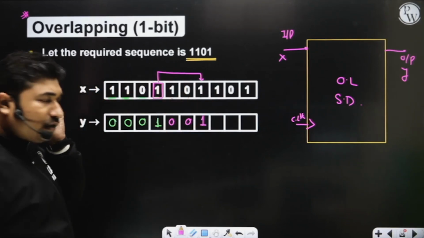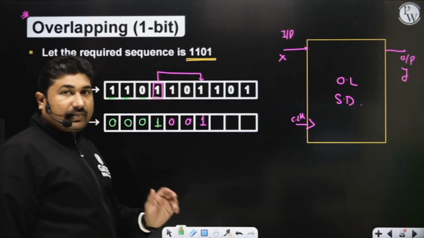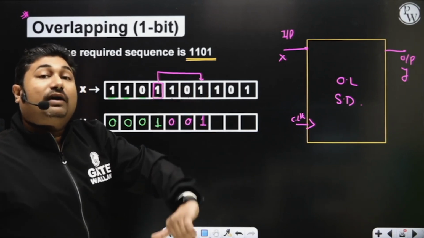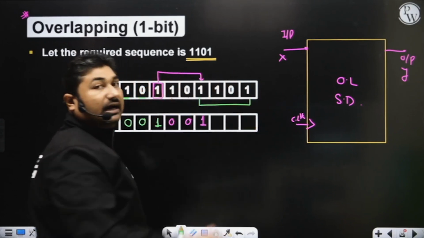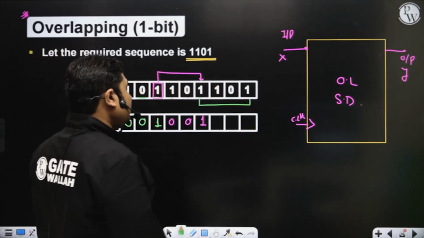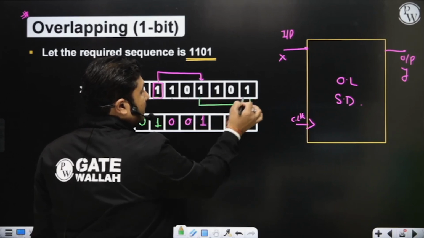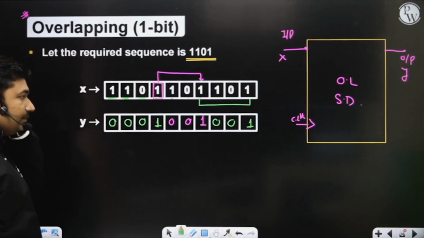In 1-bit overlapping, the last bit of a sequence is the first bit of the next sequence. So 1101. Here your sequence got detected, so this will become 1.